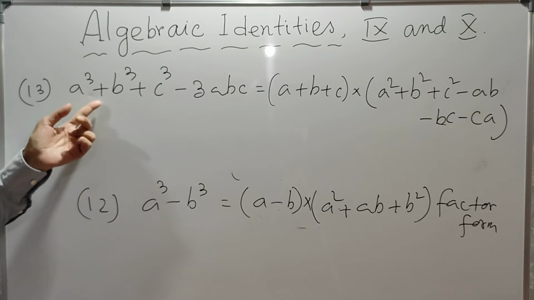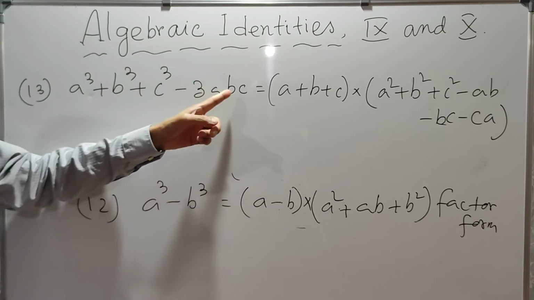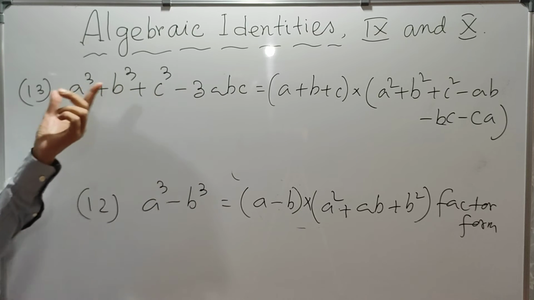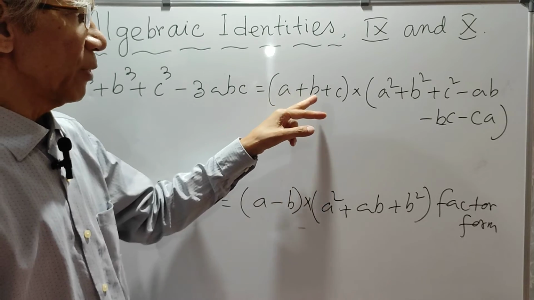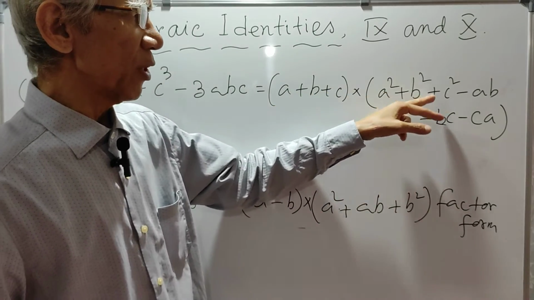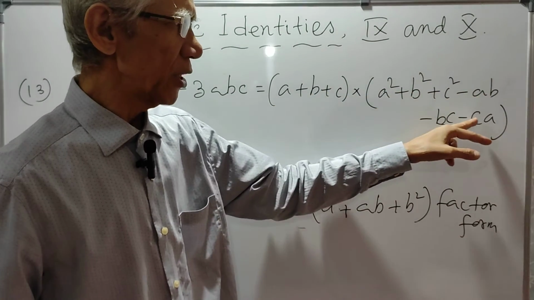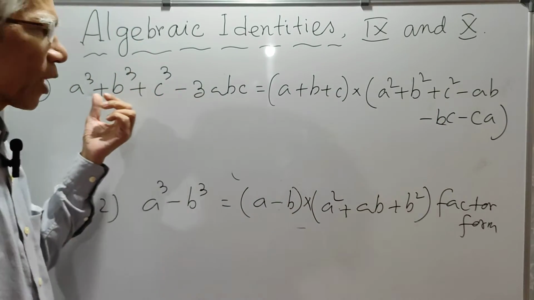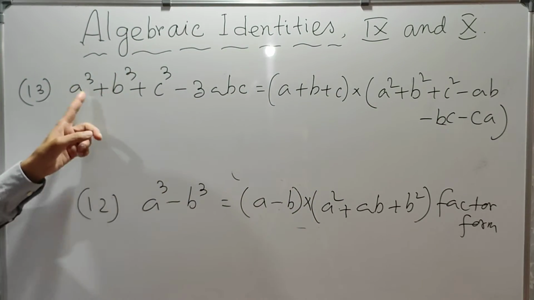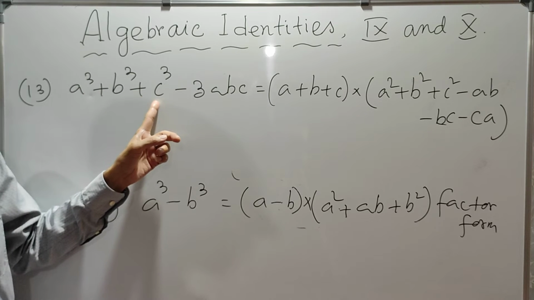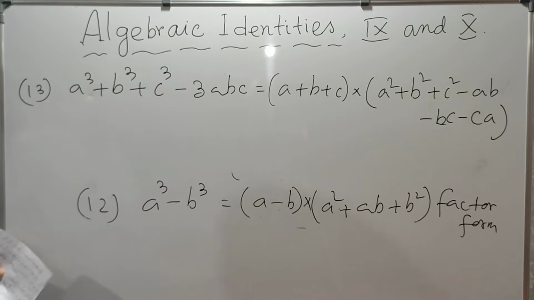This is also a factor form. So a cube plus b cube plus c cube minus thrice abc, you can use the formula and work out. That will be equal to a plus b plus c into a square plus b square plus c square minus ab minus bc minus ca. This is a long one, but it is also very useful for the exam. This is the 13th identity.